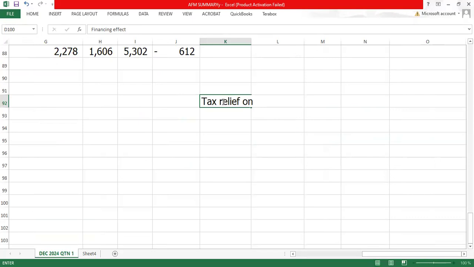First of all, here you have the debt that will be the one from TBL. What will you save? Tax relief is what you save on the interest. Remember, you'll be paying interest, but on that interest you're paying, there is a tax you're saving.